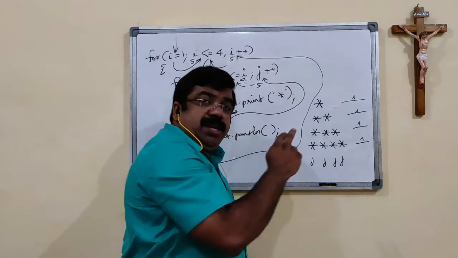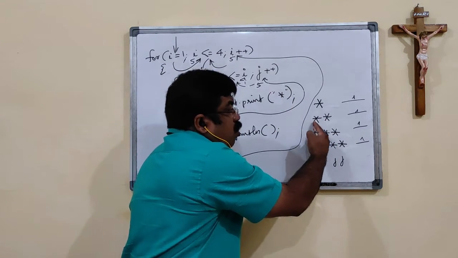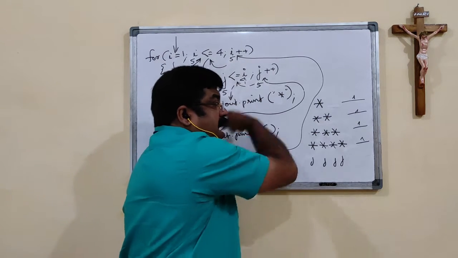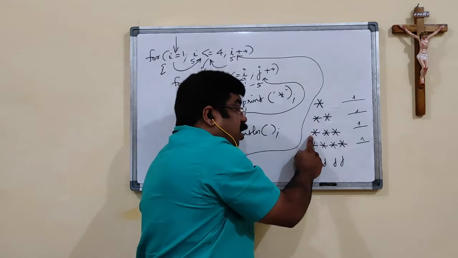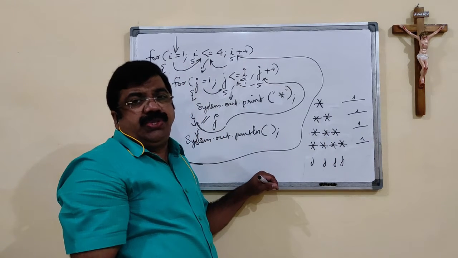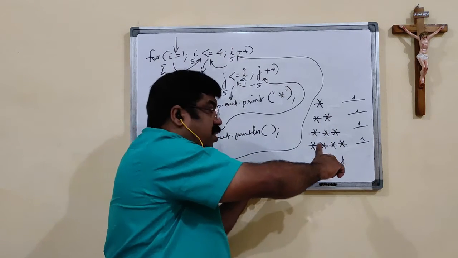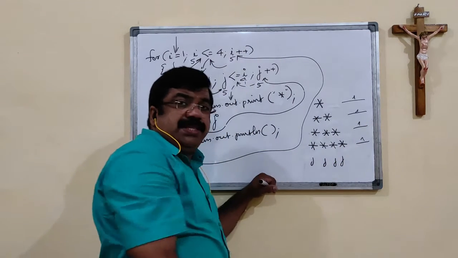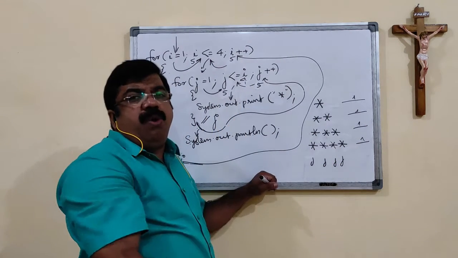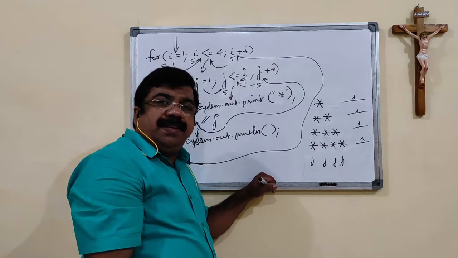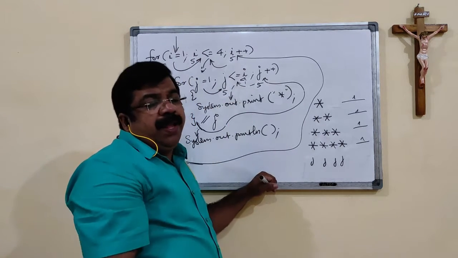When I got the value 2, the J loop printed 2 stars. When I became 3, the J loop printed 3 stars. When I was 4, the J loop printed 4 stars. According to the number of lines, we used the stars. So we got a triangular shape.